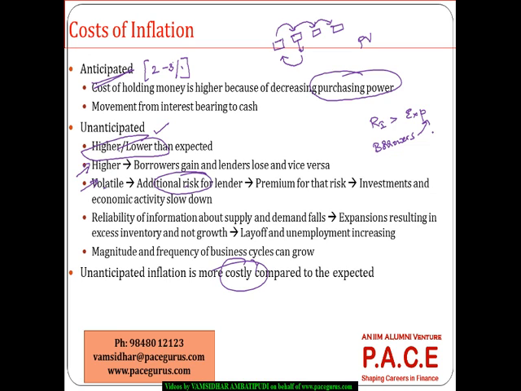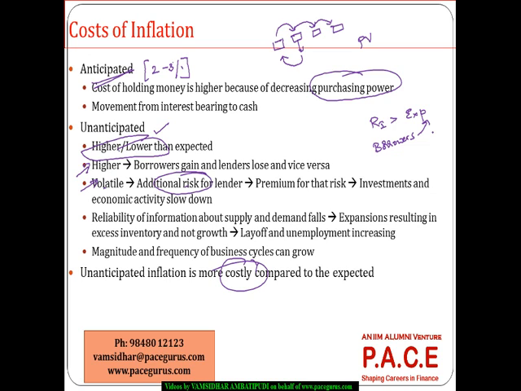So he is happy. If the inflation was much lesser, he would have felt that he had borrowed at a higher rate, but now he is feeling that he has borrowed at a better rate, because now the rates are much higher. So the borrower is gaining and the lender is losing. But similarly, if the inflation was lesser, the lender is gaining and the borrower is losing.